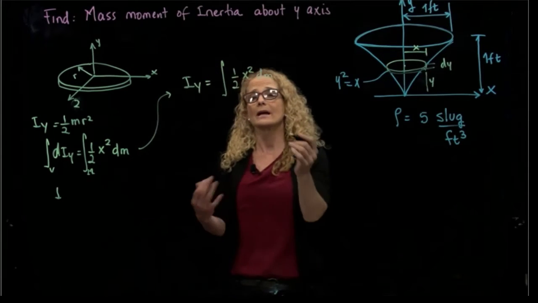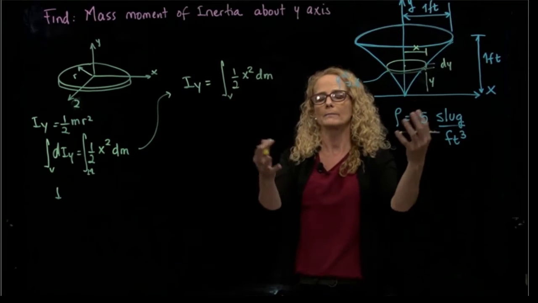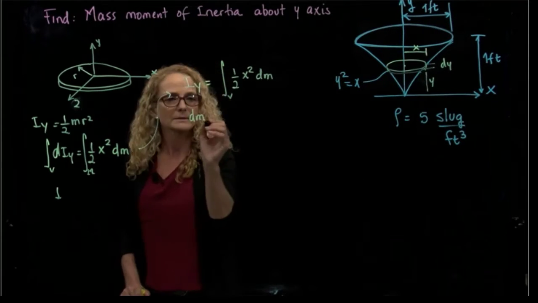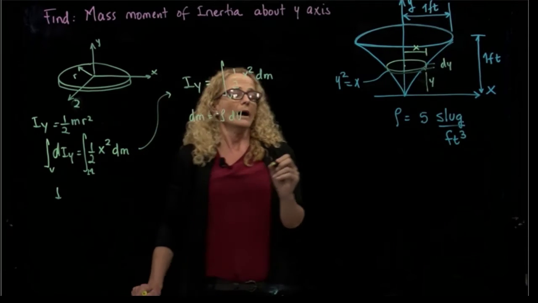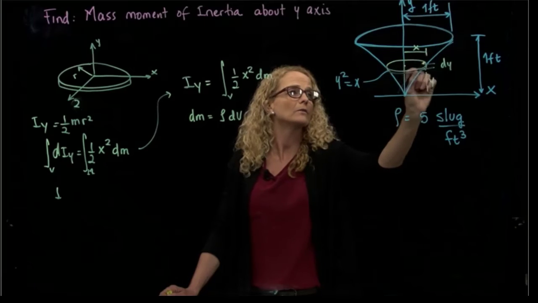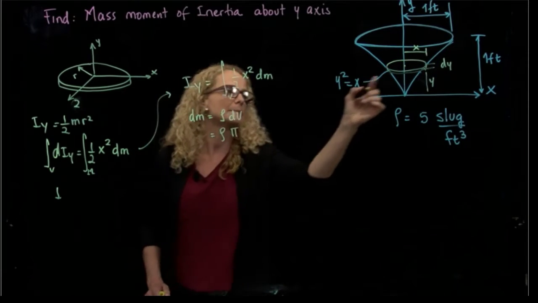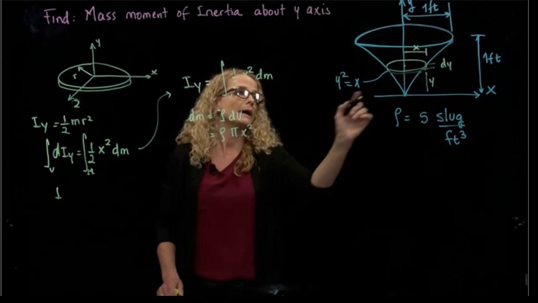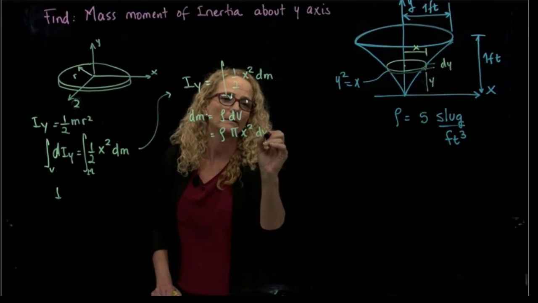But since I want to integrate in terms of the volume, I'm going to write my differential in terms of volume. As you know, mass is equal to the density times the volume. I will have the area of that tiny piece, pi times r squared, where r is x, and the height of this tiny piece is dy.